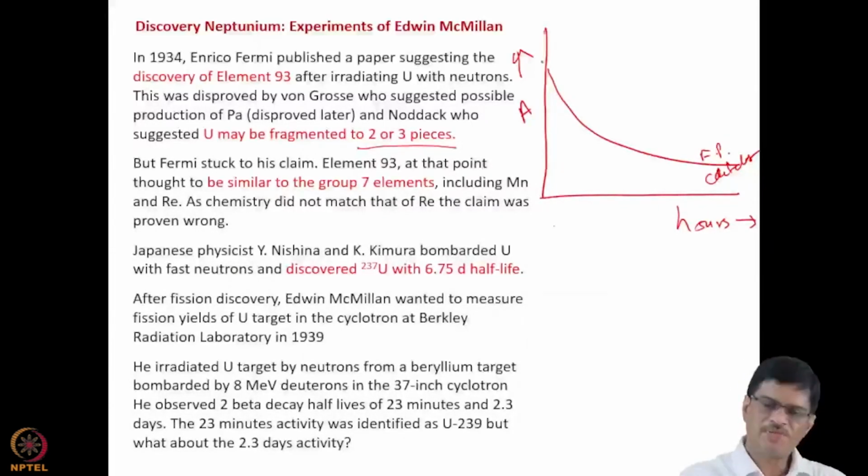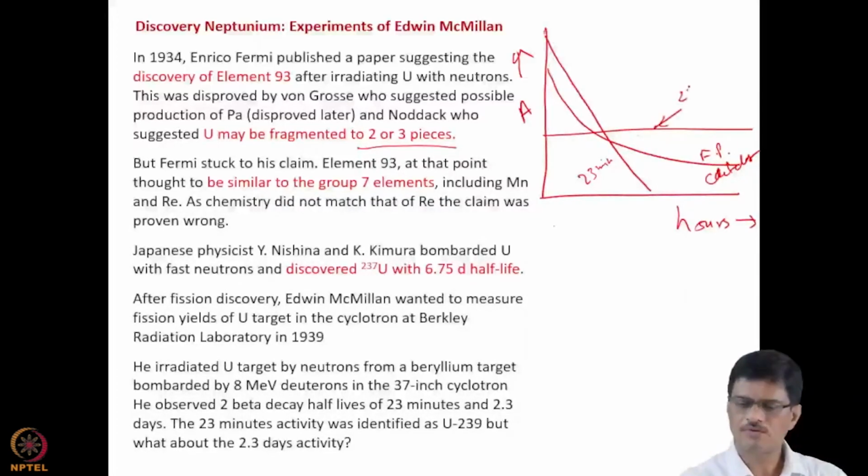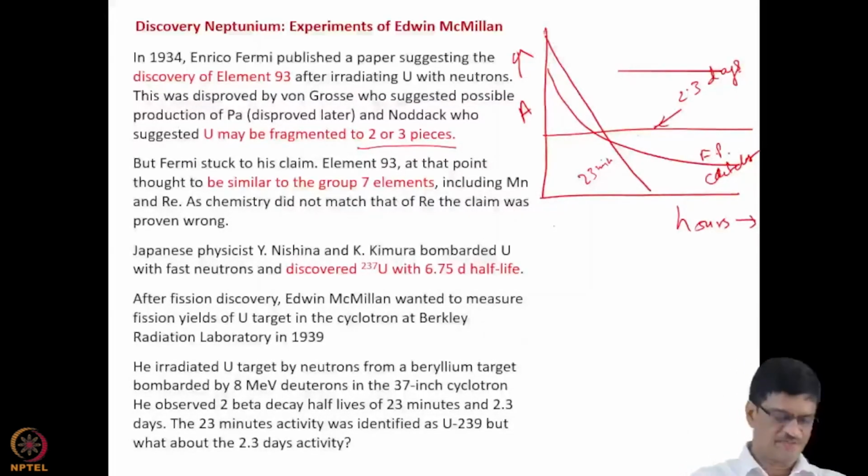A 23 minutes half-life pattern was seen, and of course there was another one, a 2.3 days half-life. So basically he saw the signature of one radionuclide with a 23 minutes half-life and another radionuclide with a 2.3 days half-life. This was rather intriguing. So he thought that some new element had definitely formed, but he wanted to prove it.